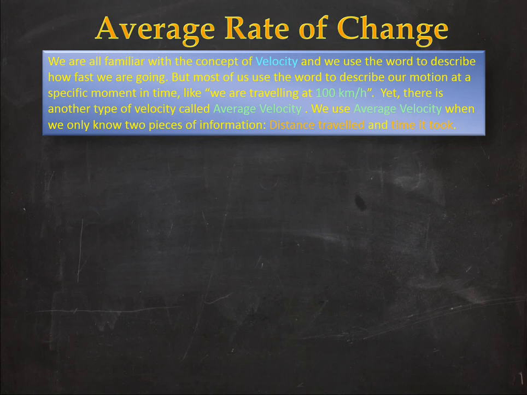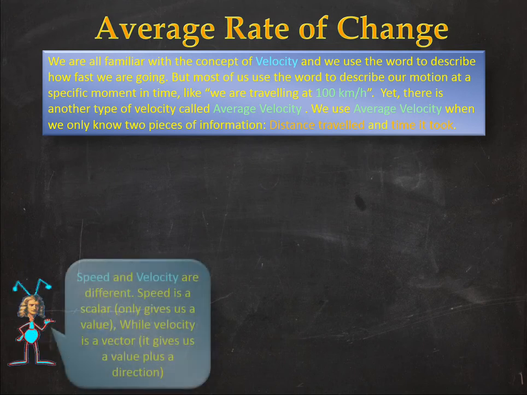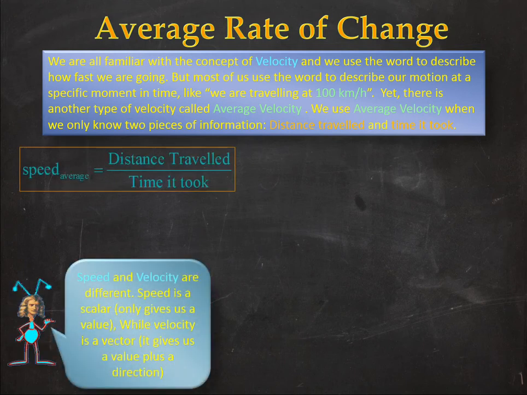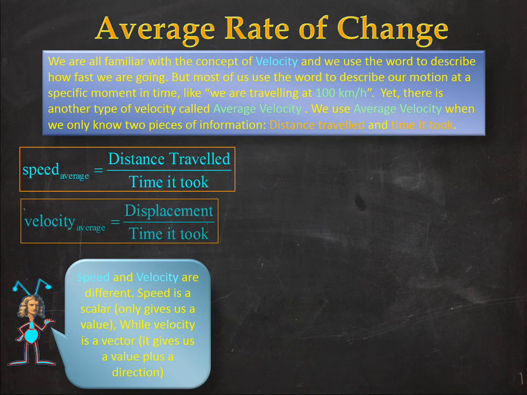And we use that when we know two pieces of information, specifically maybe the distance traveled and the time it took. Now, we have to be careful because speed and velocity are actually related, but they're two different beasties.